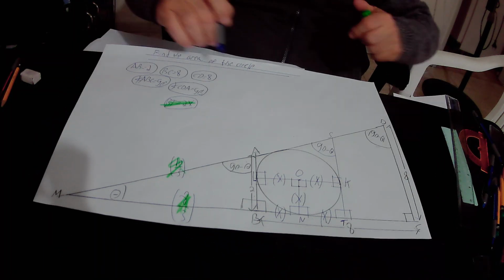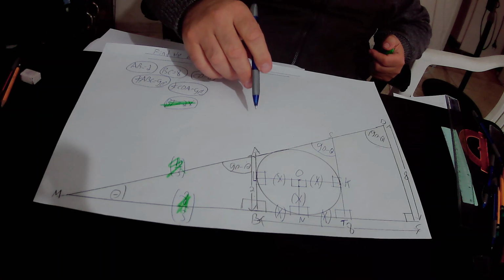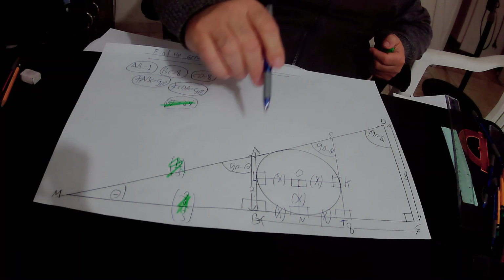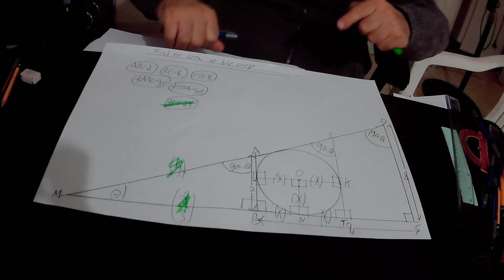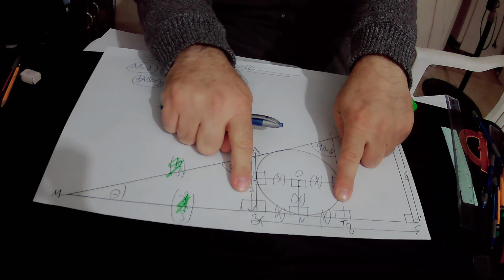So why is the middle triangle STM similar to the small right triangle MBA? First of all, those two angles are both equal to 90 degrees, therefore they are equal to each other.